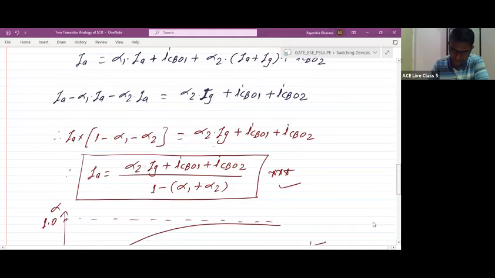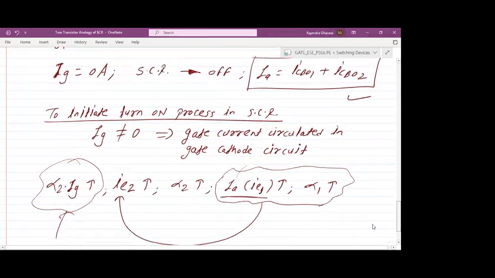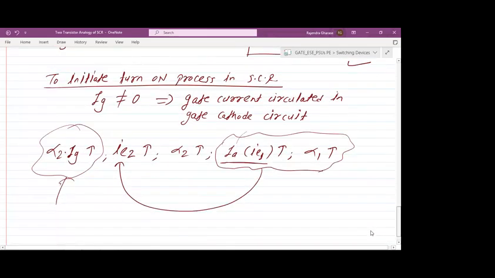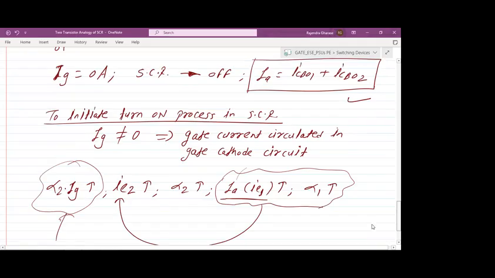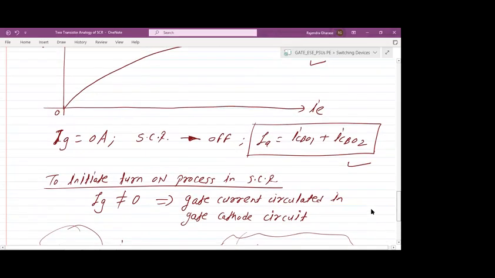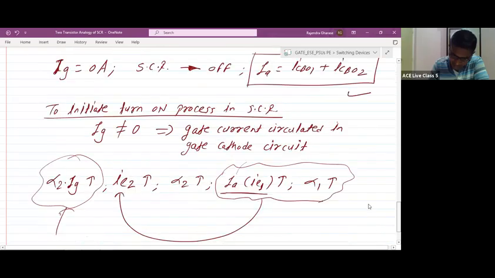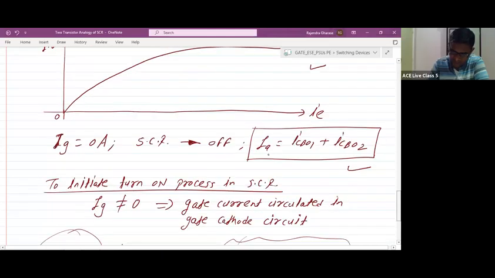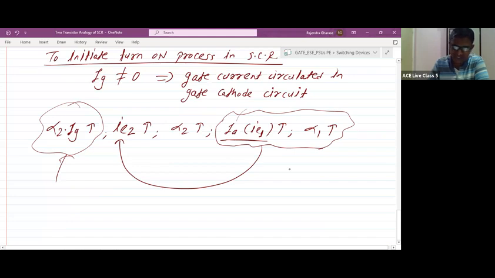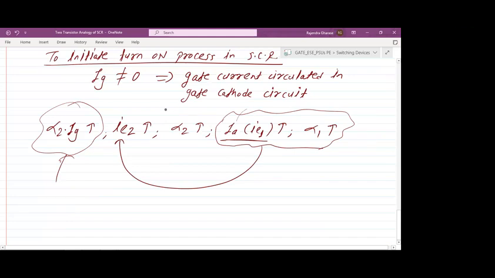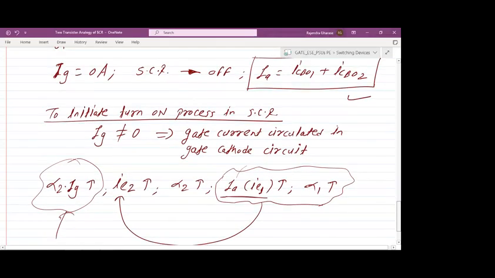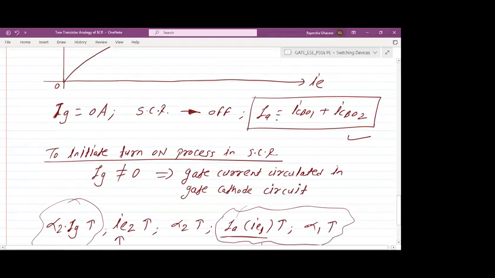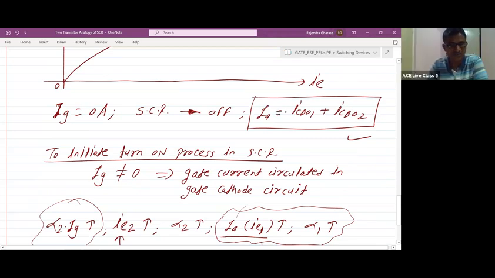After that, in the box you have written Ia equal to ICBO1 plus ICBO2, but you didn't write divided by 1 minus alpha 1 plus alpha 2. You are saying I have not written 1 minus alpha 1 plus alpha 2.